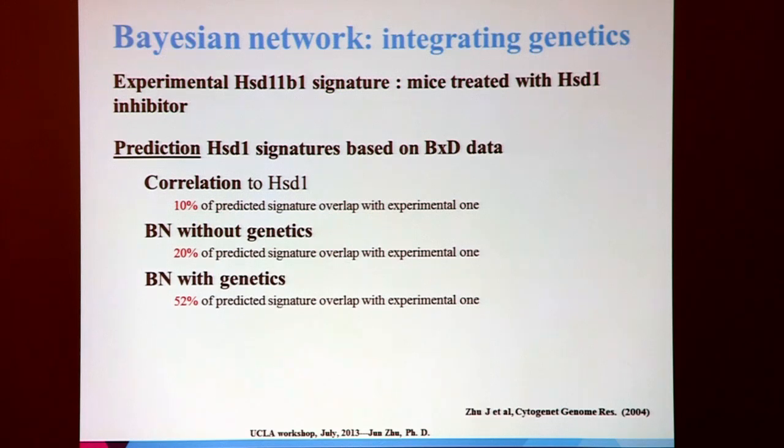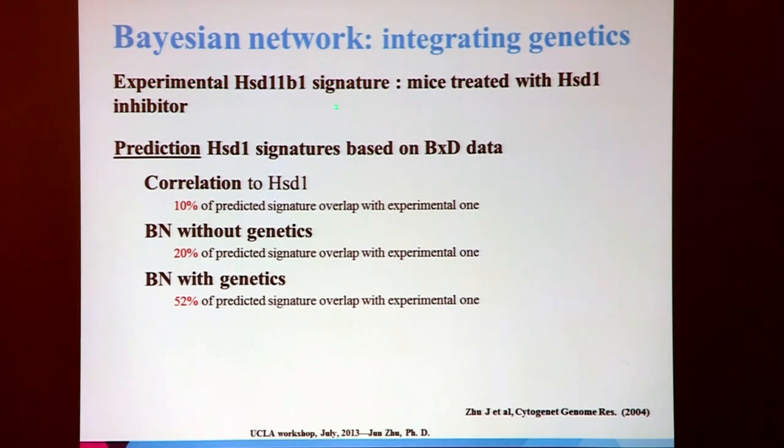One is simple: you can test your hypothesis based on simulation. But in real data, does the Bayesian network actually help, or does the genetic data help? There you can do some experiments to test. You can make some predictions, then do experimental tests.